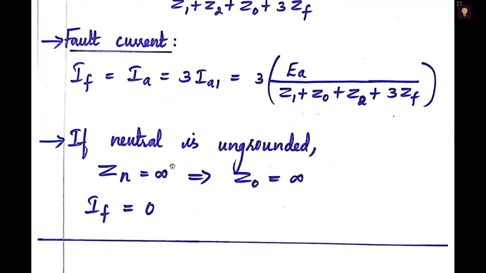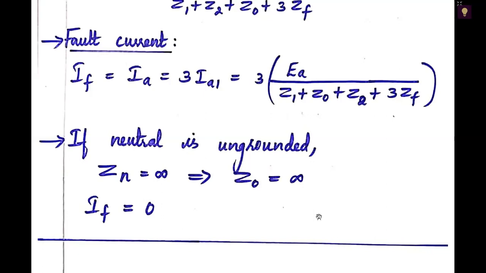In case the neutral is ungrounded, that is the neutral impedance is left open, infinite neutral impedance, Z0 will also be infinite. When you substitute Z0 as infinity in this equation, you get fault current equal to 0. This implies that if the neutral is not grounded, there is no flow of fault current. IF is equal to 0.